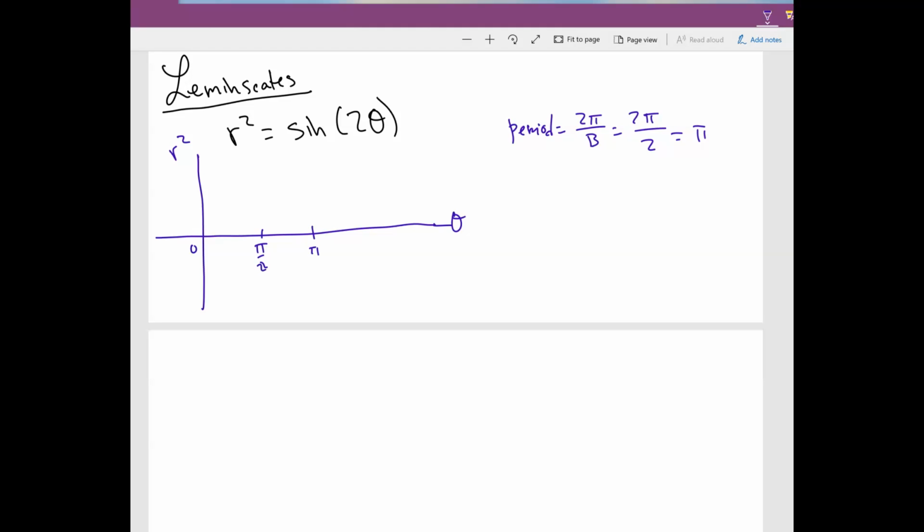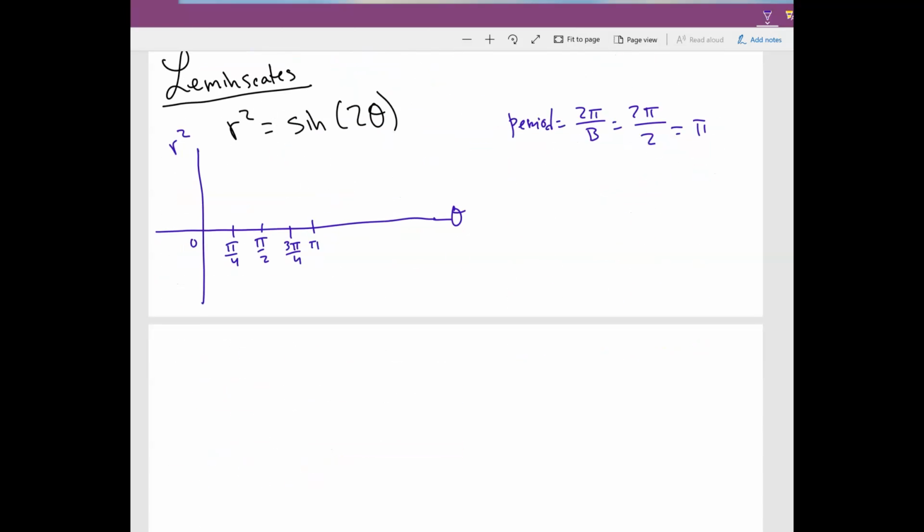Then this is also going to be pi over 4, and then 3 pi over 4. And then obviously you can do the same thing that we did before. So now in this case, we have to be very careful. So let me just continue writing everything else. 5 pi over 4, 3 pi over 2, 7 pi over 4, and then 2 pi.